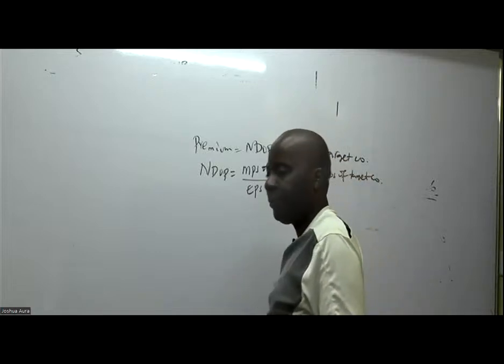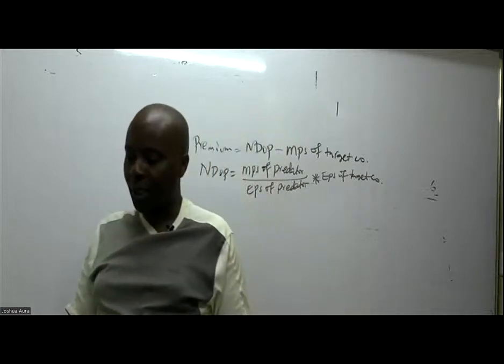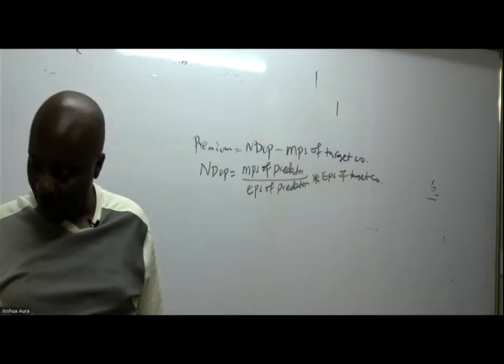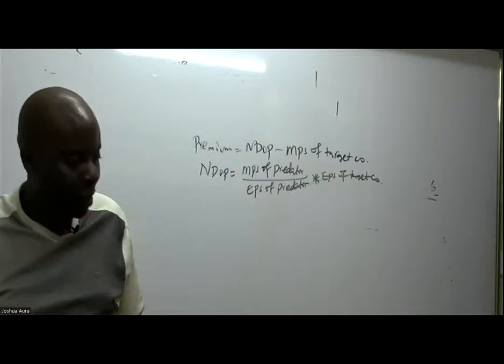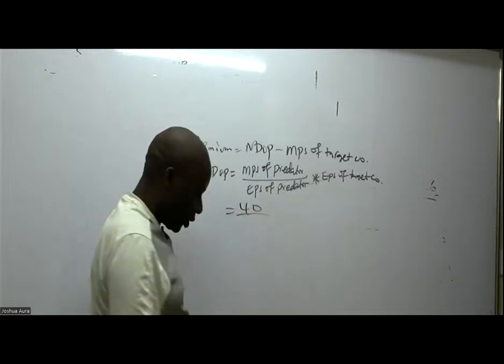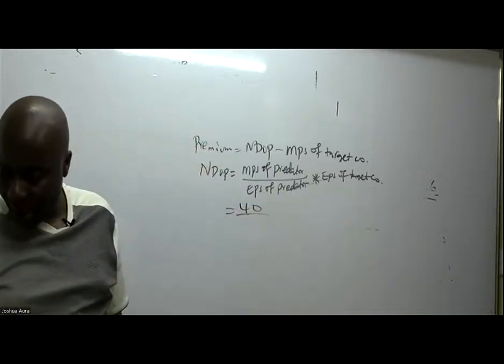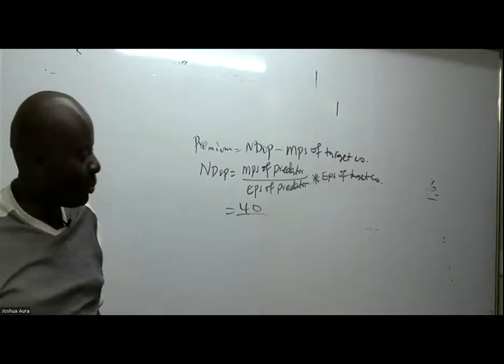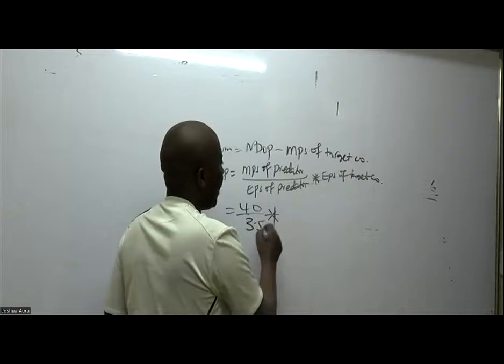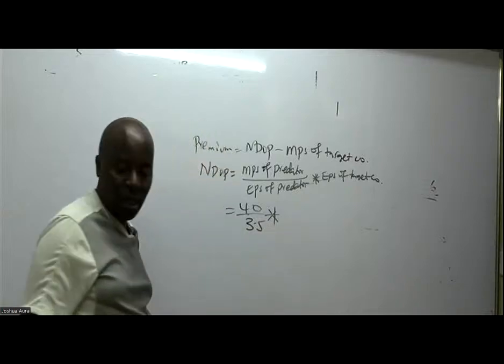Great. Right? So they have given me the MPSs. I can see from my table here, the MPS for A is 40. So I'll take 40 here, all over EPS of the same predator company. EPS over this is 3.5, times EPS of the targeted company.